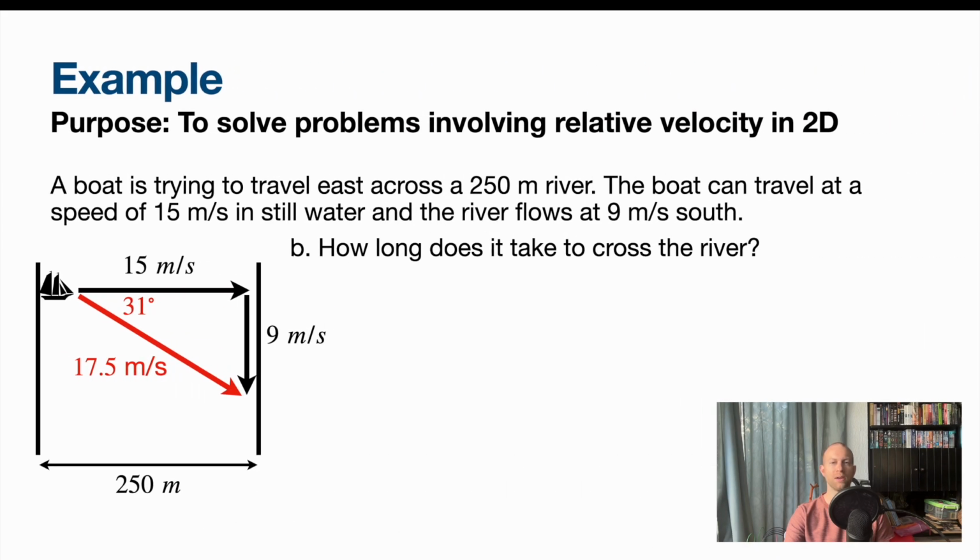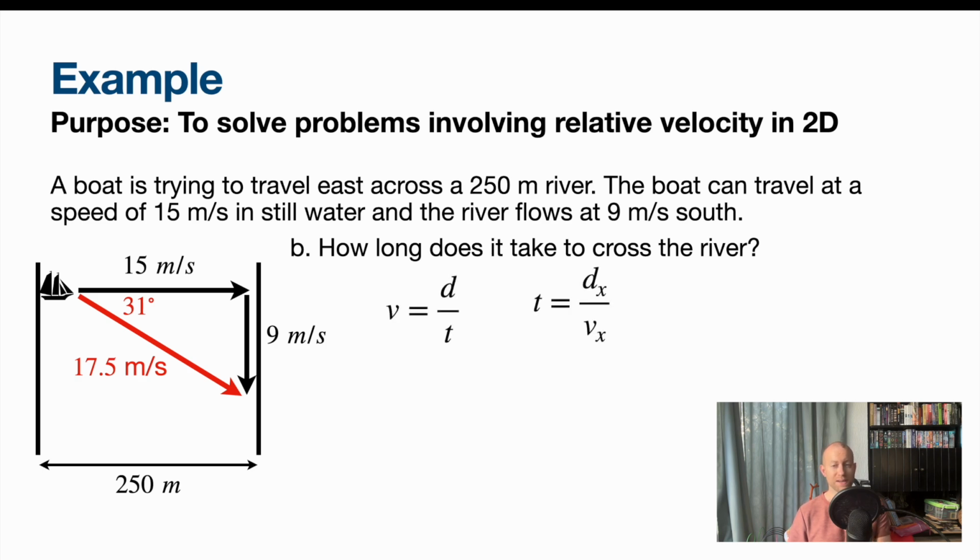So now we want to know how long does it take to cross the river. So we have all the variables that we just solved for. We have the horizontal, the x component or the sideways component of the distance is 250 meters. And in order to solve the time, I want to use the velocity in the same direction. So v equals d over t.